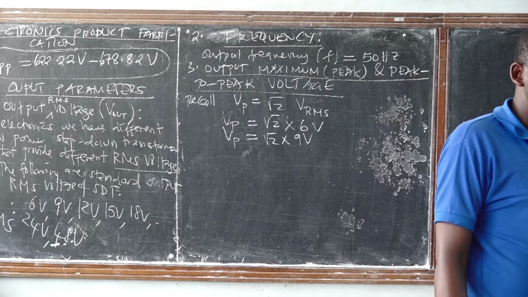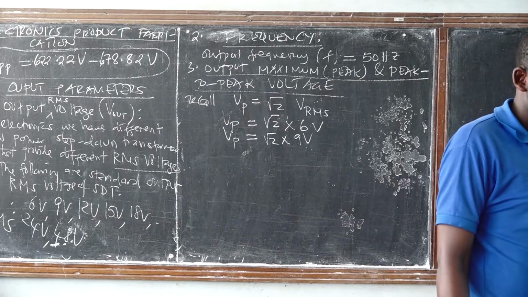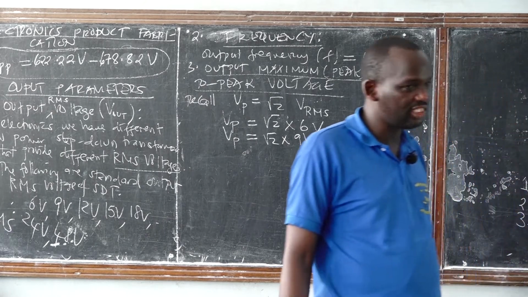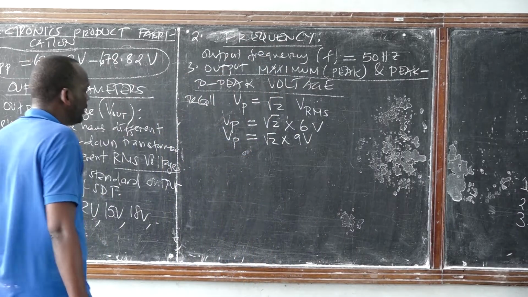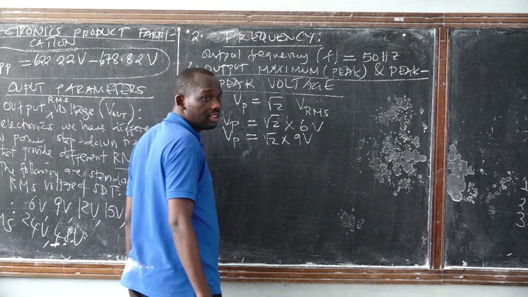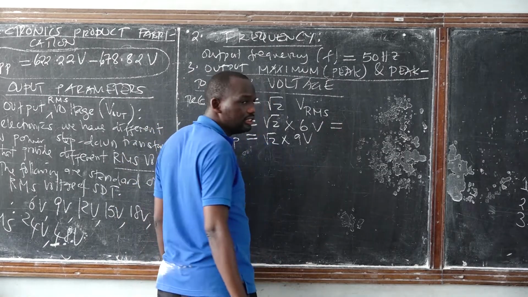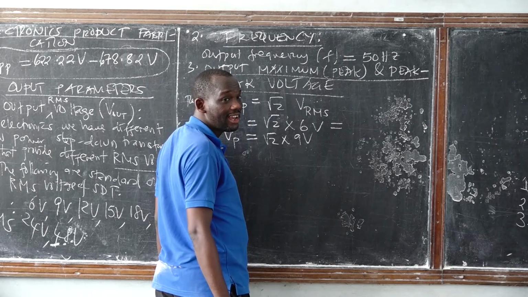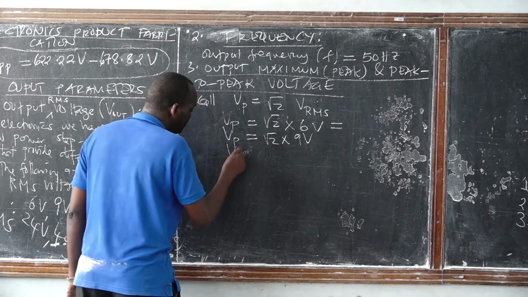Jacqueline, square root of 2 times 6. Jacqueline is busy writing. She does not even listen to what I'm asking her. It's what? Speak loudly.